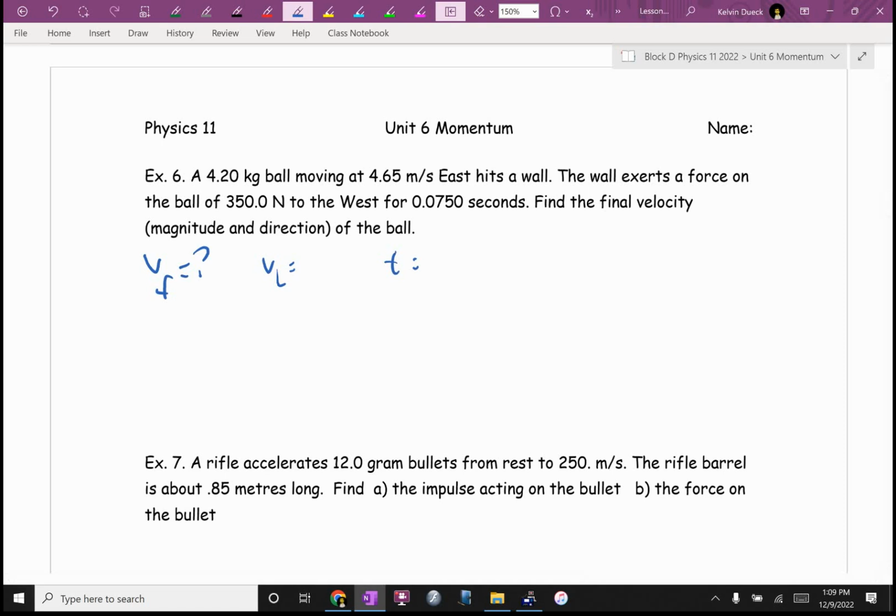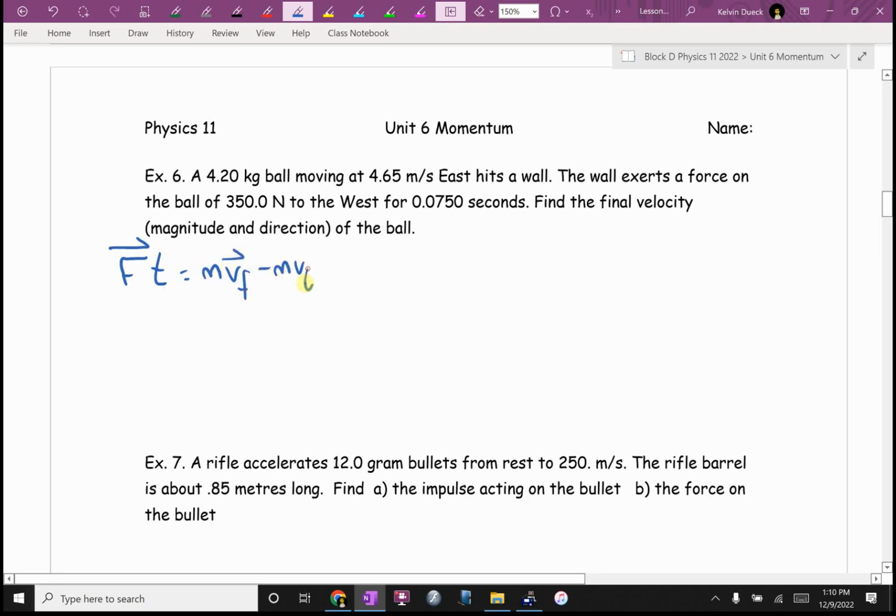No, I could figure it out, but the fact that they gave me a force and a time and one velocity, I'm going to see if I can use the impulse equals impulse trick. I'm going to write this: force times time equals m v final minus m v initial.